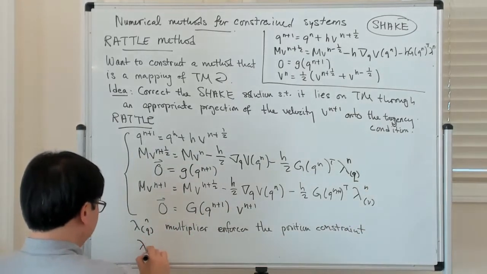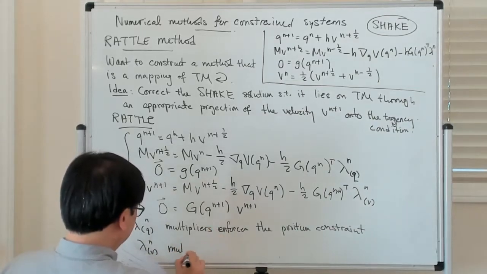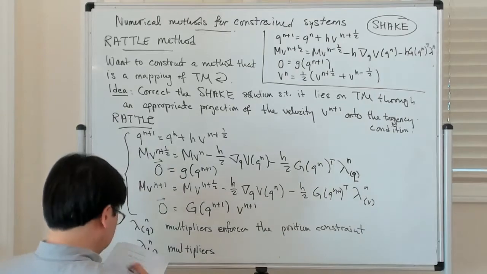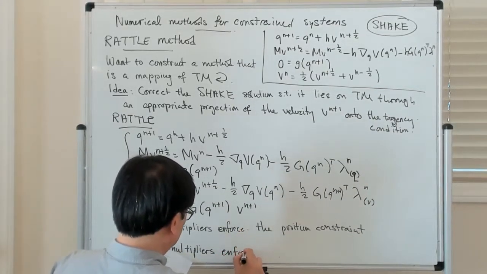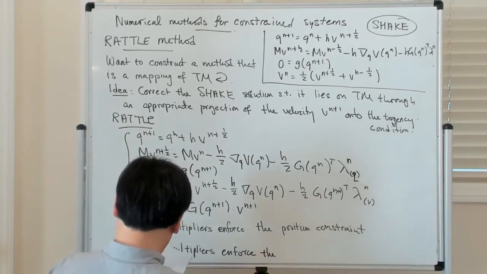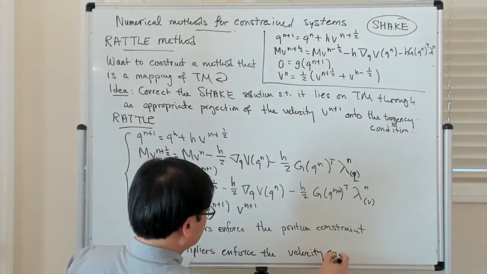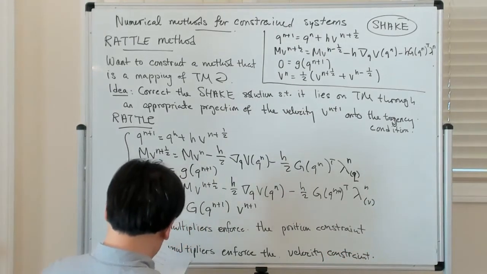And the lambda v_n multipliers enforce the velocity constraint. Okay.